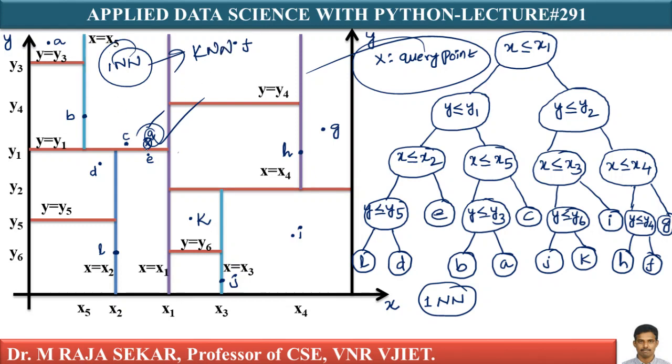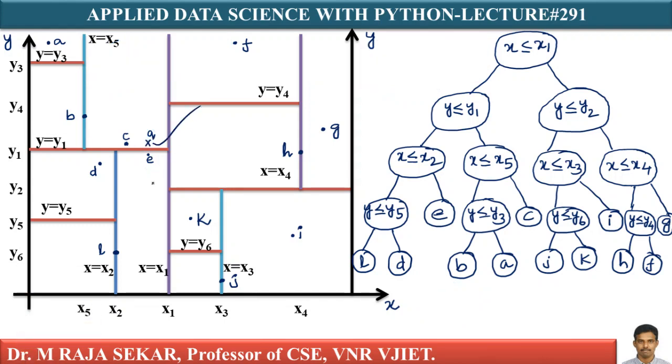Given my query point X, let me say this X is my query point. It's a two-dimensional point, isn't it? This query point has the values xq comma yq, which means the x coordinate of my query point is xq and the y coordinate is yq.